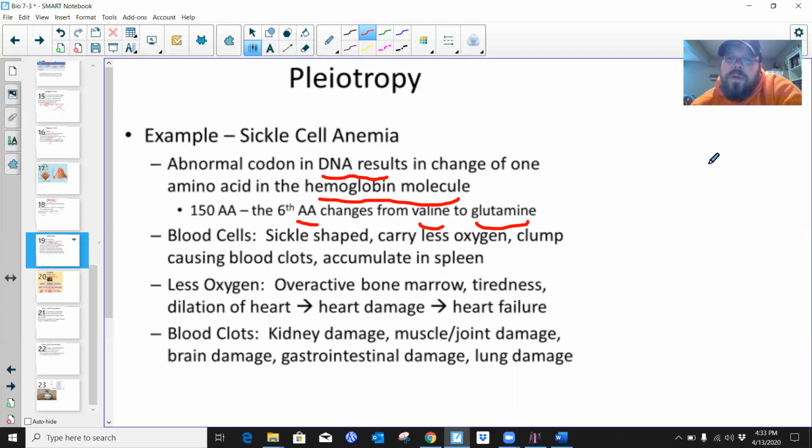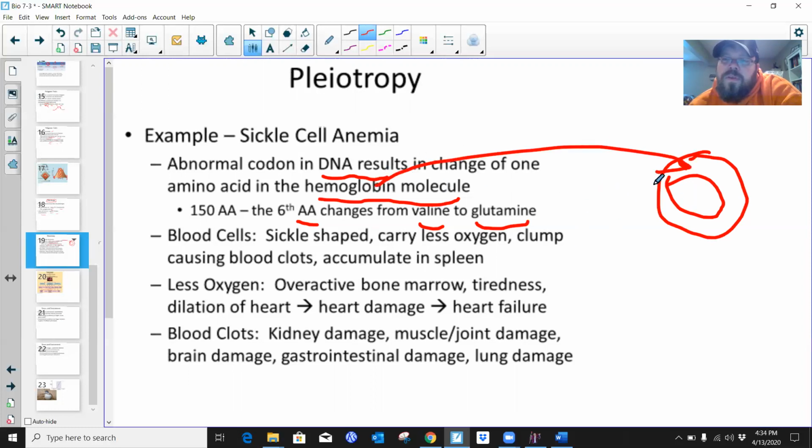Now, red blood cells are nice little disc-shaped cells. And hemoglobin is a molecule that is present within these red blood cells. Hemoglobin has a nice shape, it's a protein.